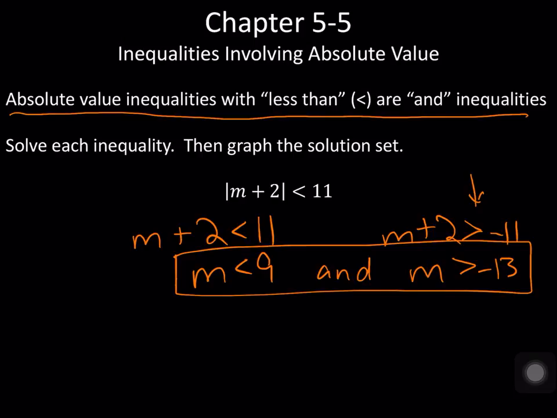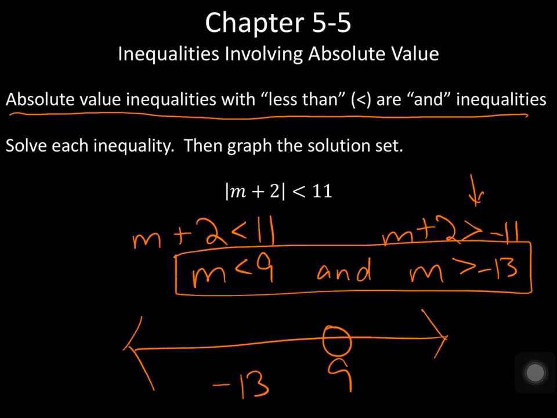Now let's see what that graph looks like. Here's my number line, and I know that I need to have a 9 and a negative 13. I'm going to put them together pretty quickly, but there's my 9. It's an open circle, and less than shades in that direction.